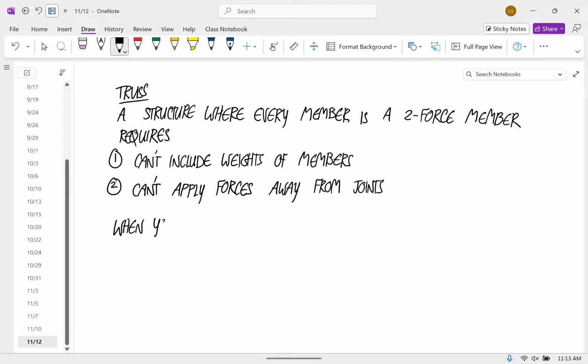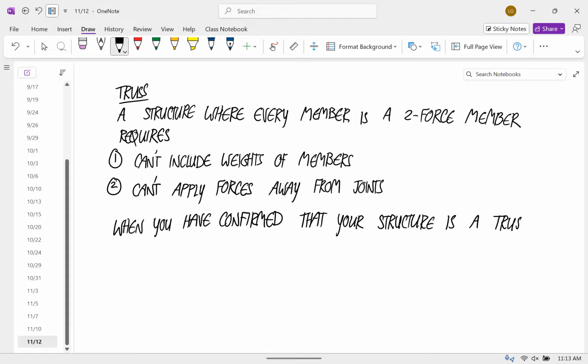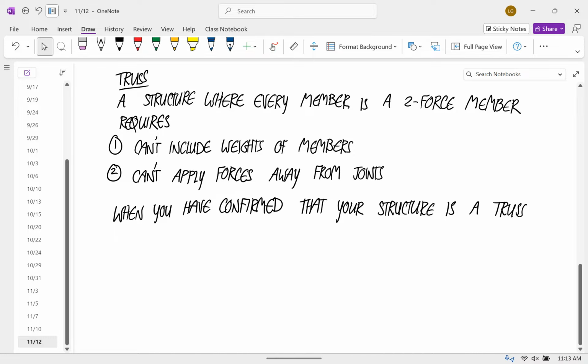So I just want to remind you to be careful about using this. If you use it in a structure where it doesn't apply, your answers aren't going to make any sense. But when you've confirmed that your structure is a truss, isolate the joints.